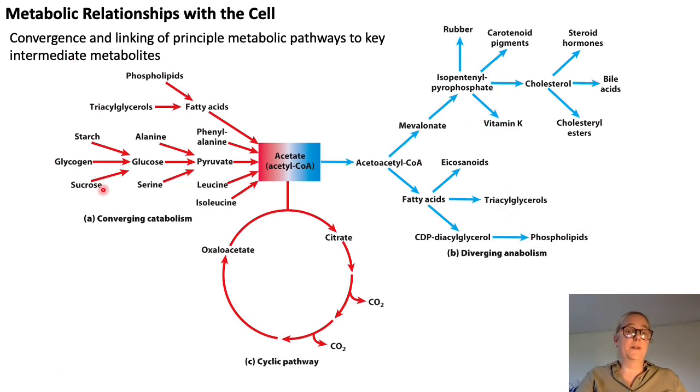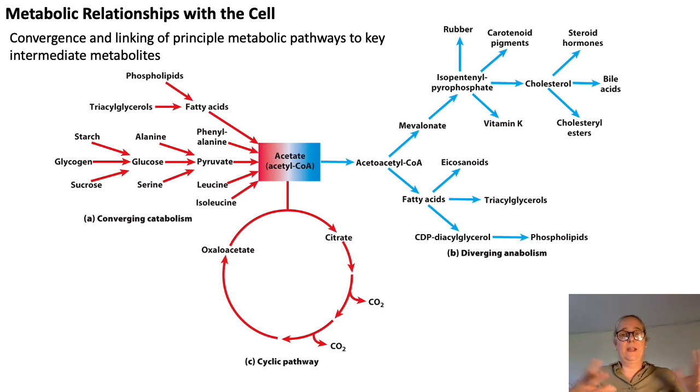The starting material here is the foods, so things like starch, glycogen, sucrose. They're broken down into smaller products like glucose, which then feeds into the pyruvate, which then feeds into acetate, acetyl-CoA, which then goes into the citric acid cycle.